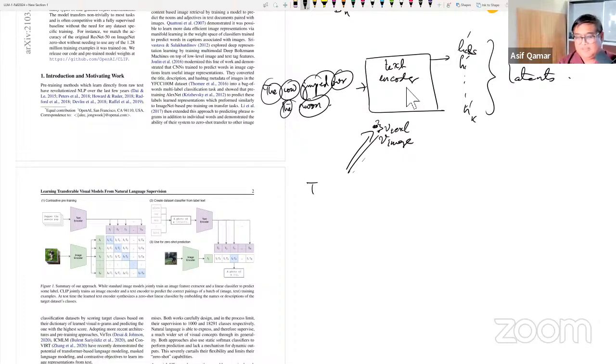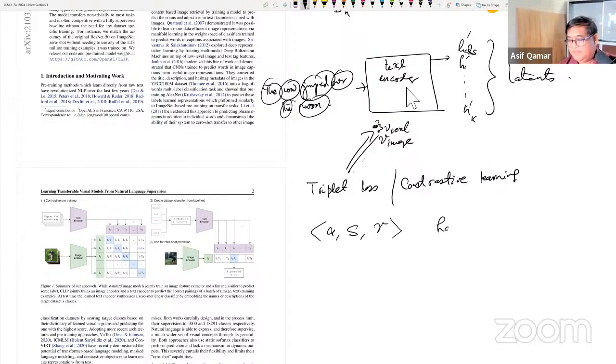Remember the triplet loss? Contrastive learning. What would you do in contrastive learning? You would take a sentence, A, you would take something similar, and you would take something random.